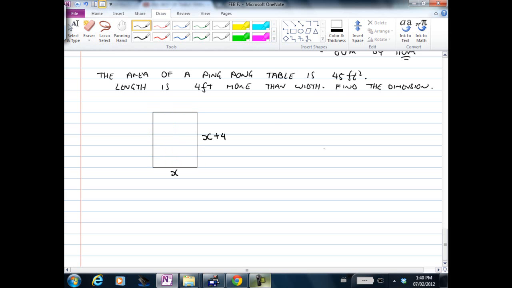Set it up. x times x plus 4 equals 45. x squared plus 4x minus 45 equals 0. x plus 9, x minus 5. x equals negative 9 and 5. Reject. So my x is 5.